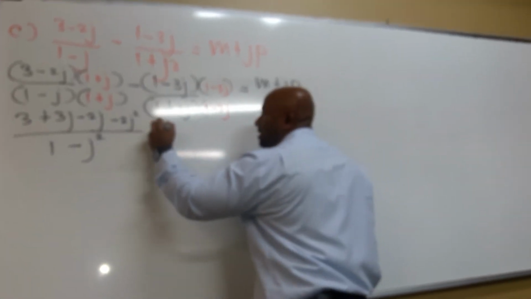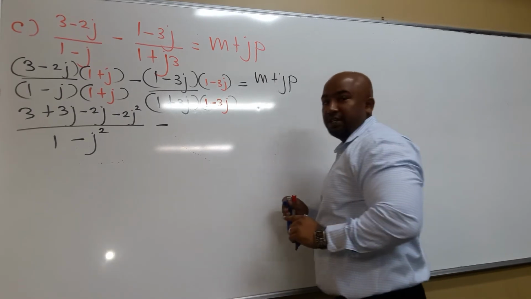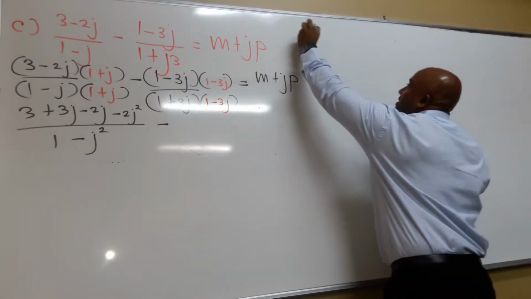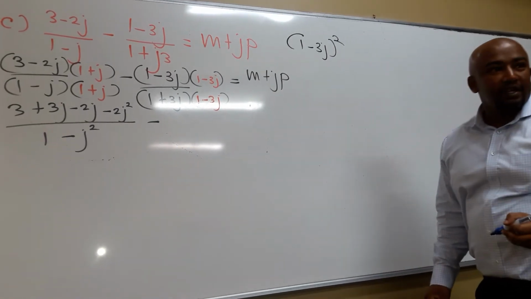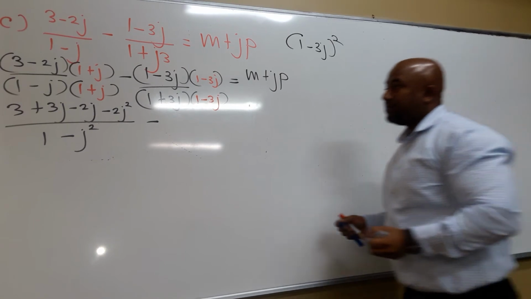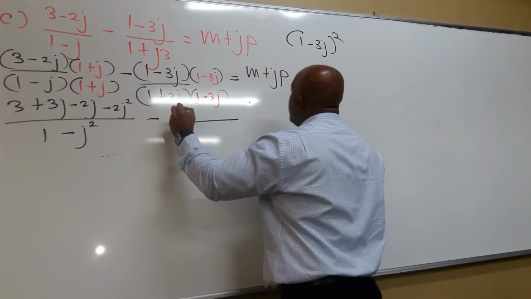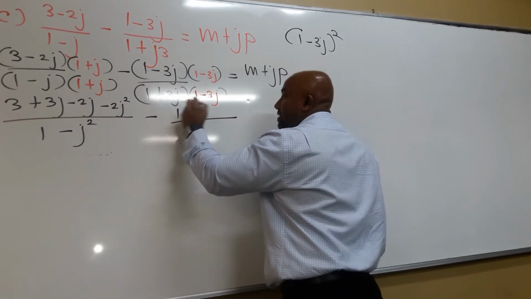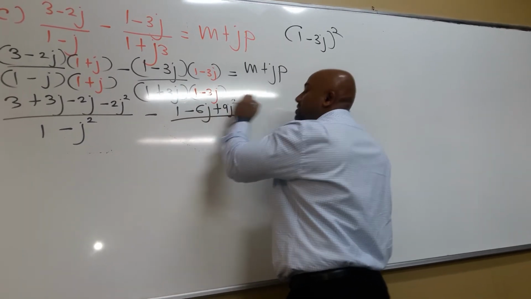So now here you got the minus 1 minus 3j times 1 minus 3j, which is the same as 1 minus 3j all squared. You understand that? If you know that, then you can do it in one step. If I square this, that will be 1 minus 6j plus 9j squared.